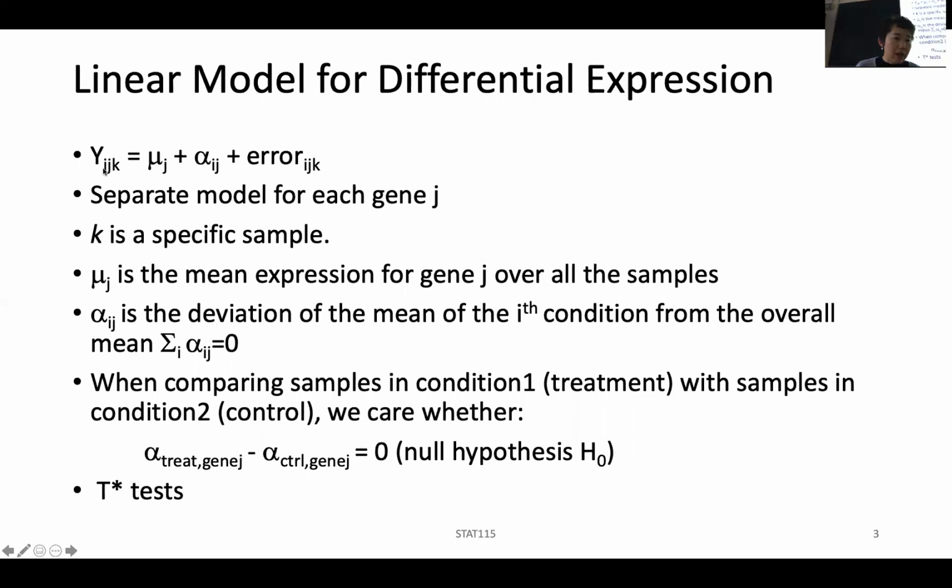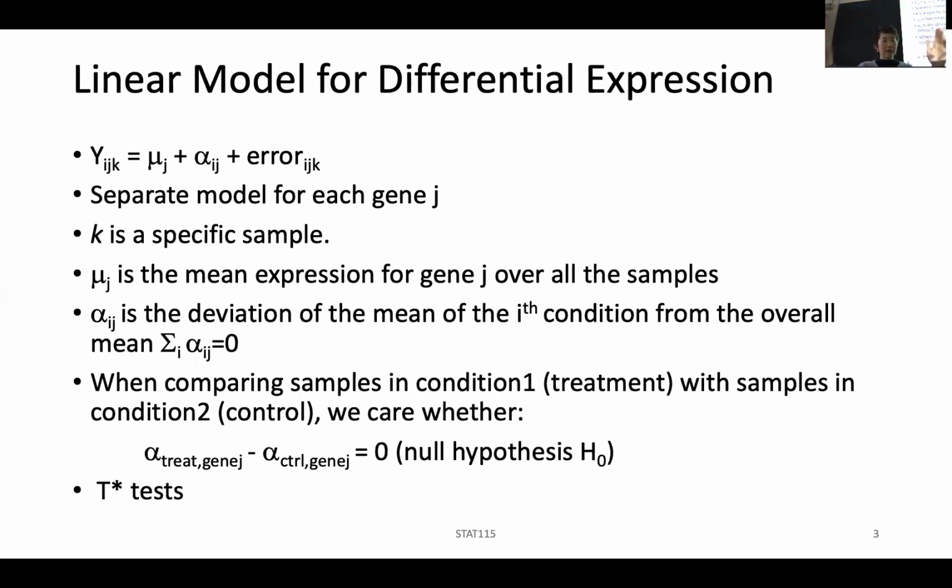And so in LIMMA, the model is like this. You believe the expression of a particular gene j in condition i in sample k is equal to mu. Here every gene has a separate ID, and here is gene j. K is a specific sample, and mu is the mean expression of this gene over all the samples.